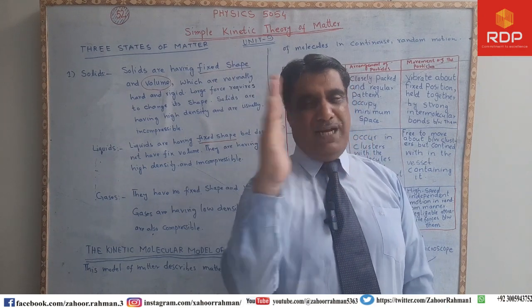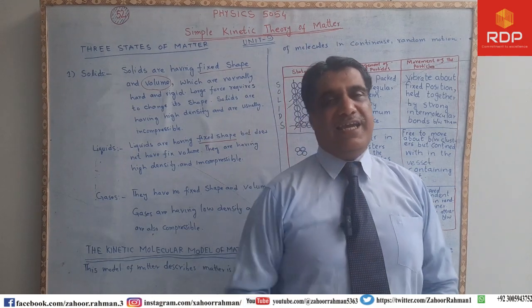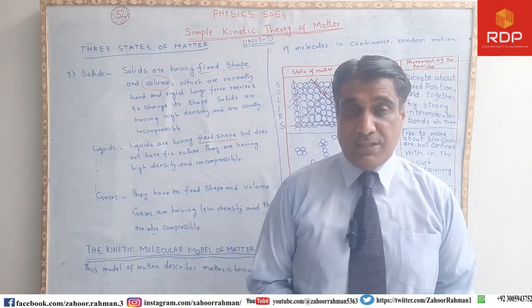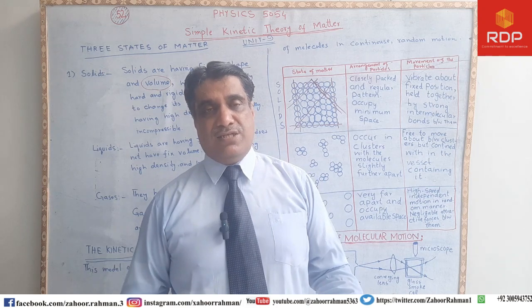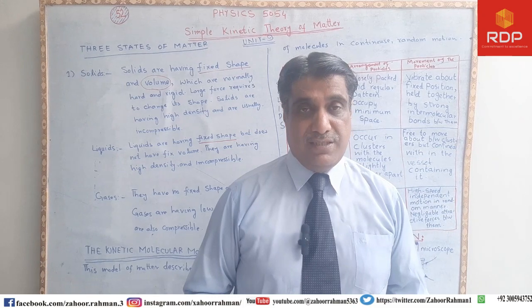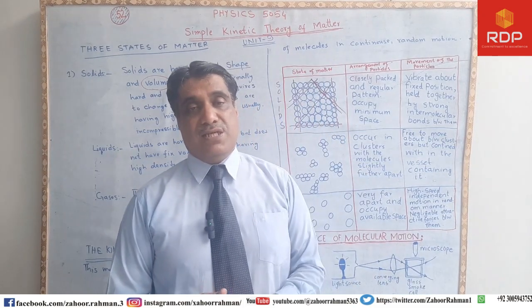They are vibrating like this. There is a fixed position and they are having to and fro motion. Nothing in this universe is in a stationary state. This is a very famous theory of physics. Nothing in this universe is stationary.